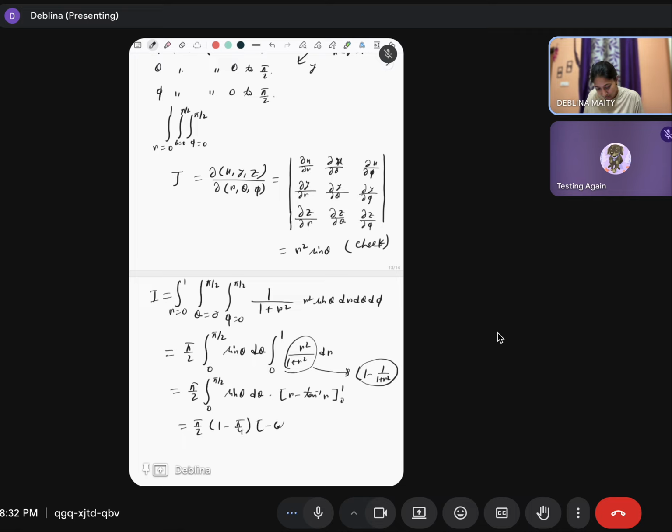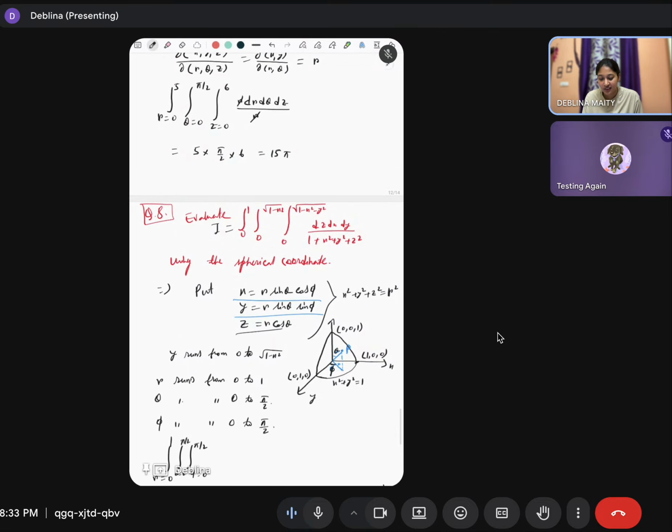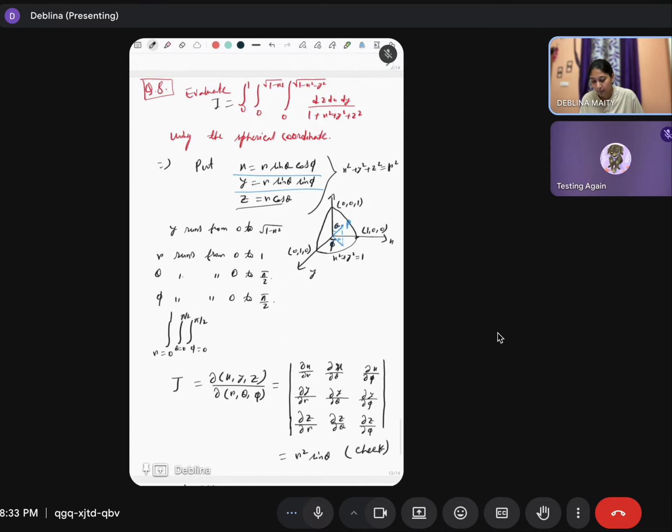This is minus cos theta. So it is pi by 2 into 1 minus pi by 4. Okay. So we have found this integral using spherical coordinates.